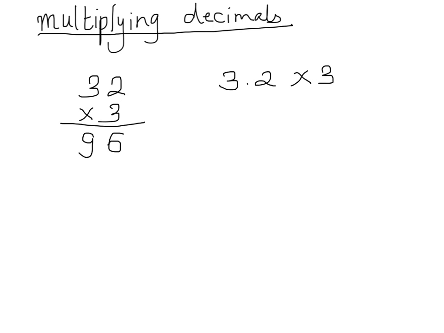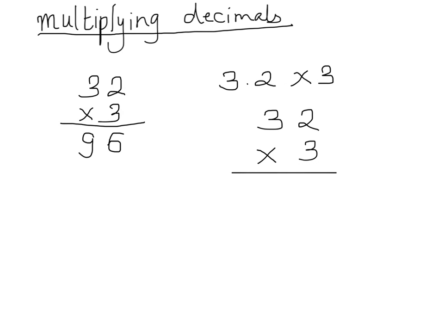All you do is you discount the decimal first and then you copy the numbers 3 2, 3 times. So all you've done now is that you got rid of this decimal from here and you just copied the numbers down.